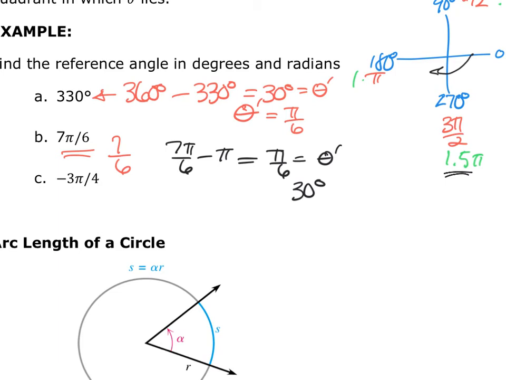So which quadrant does that land in? It lands in quadrant number 3. So I take pi, I subtract off 3 pi over 4, and I get pi over 4, which is the same thing as 45 degrees. How is that?